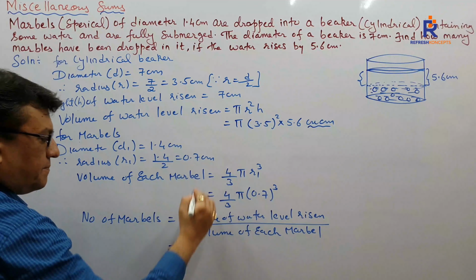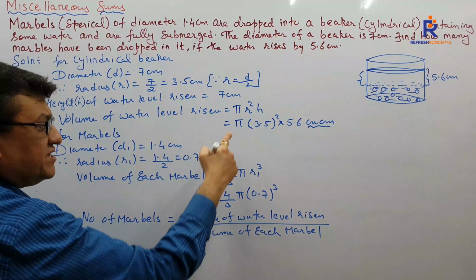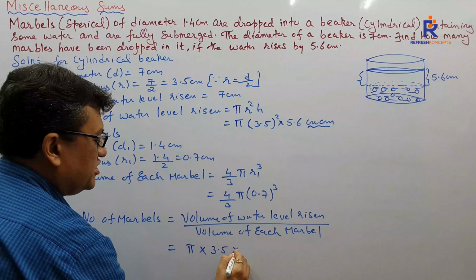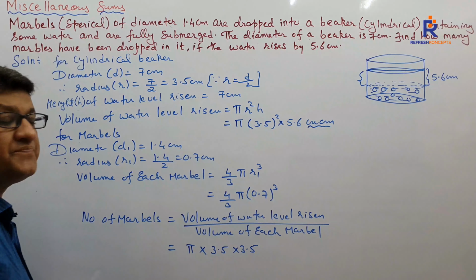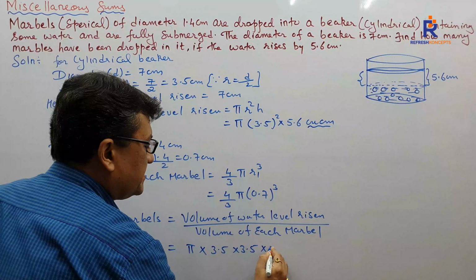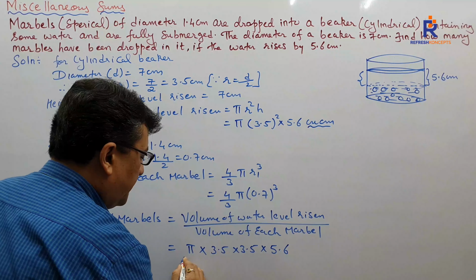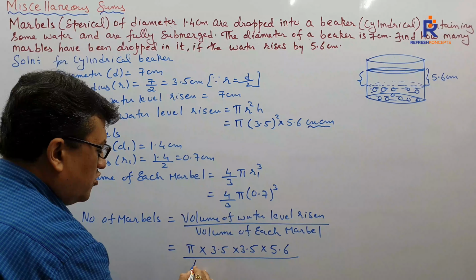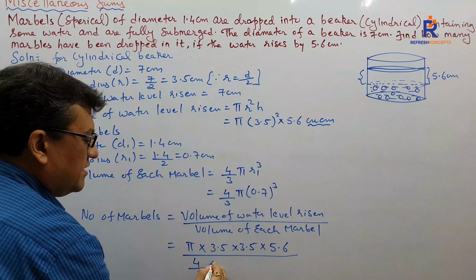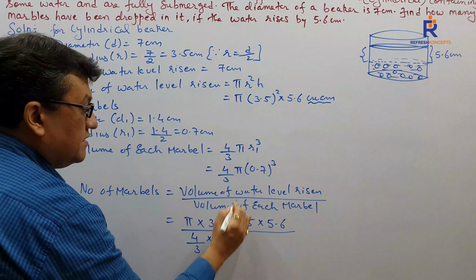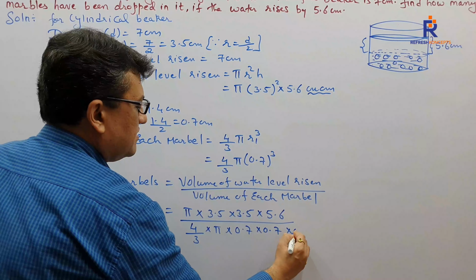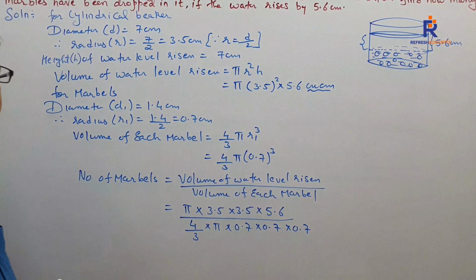What is it? Pi. Instead of saying 3.5 square, can I say 3.5 into 3.5 into 5.6 upon 4 by 3 into pi into 0.7 into 0.7 into 0.7.